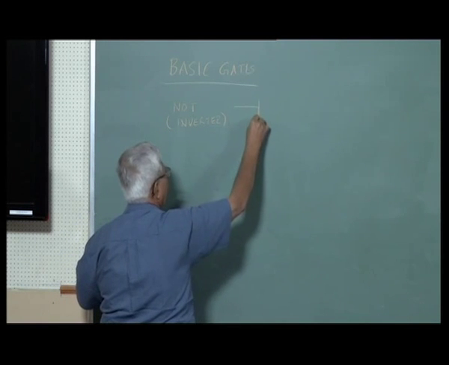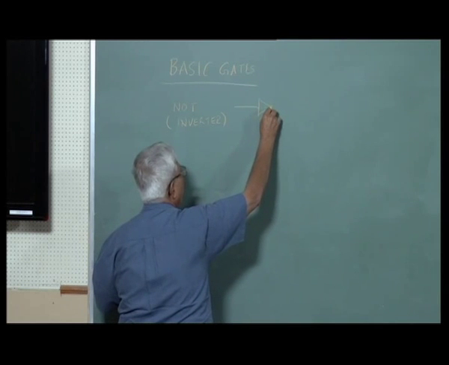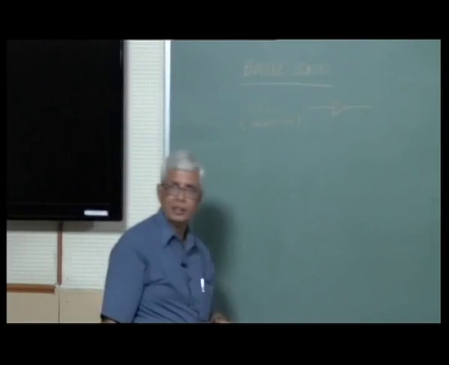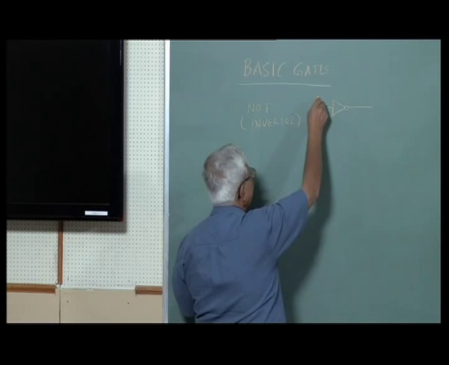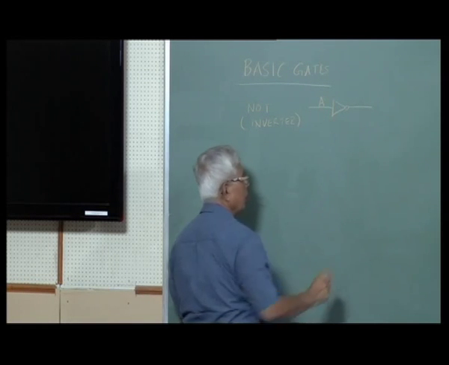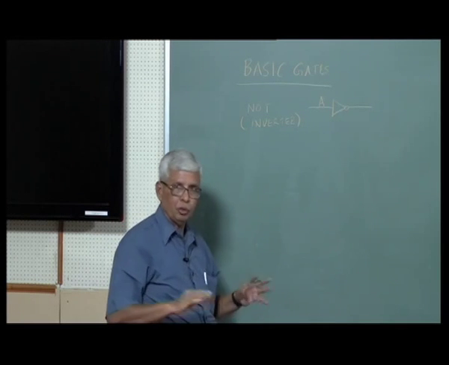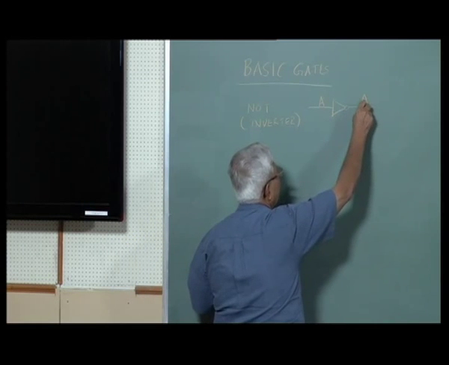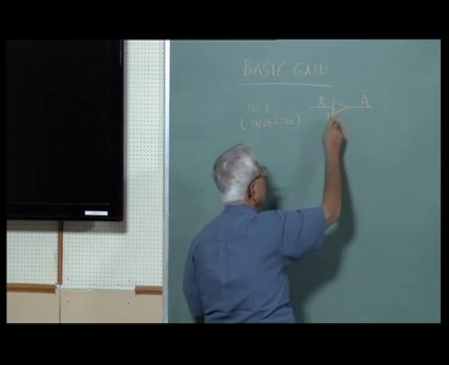You have one input, one output with a bubble, a triangle in the horizontal direction, the bubble at the tip is called inverter. Let us say this A as signal input. We are going to use A, B, C, F like that. That's all. No numbers now, 0, 1 and all are not used now. This will be A bar.